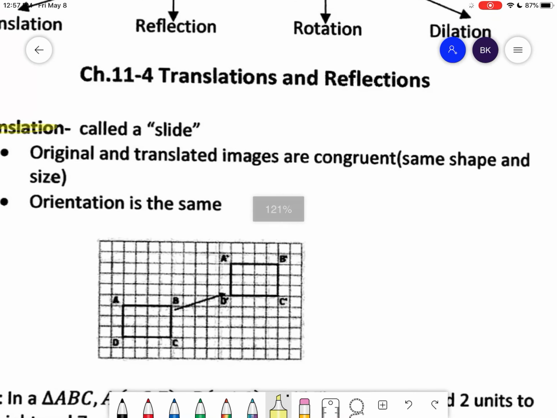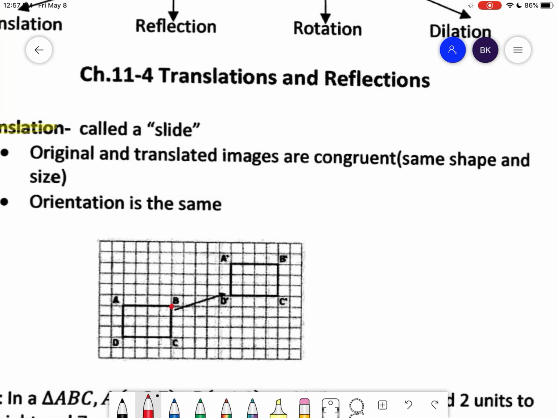Let's take a look at this example in front of us. The rectangle ABCD was translated. In order to find out how it was translated, you can tell by looking at one of the vertices. I'm going to take vertex B and see where it is in the other shape.